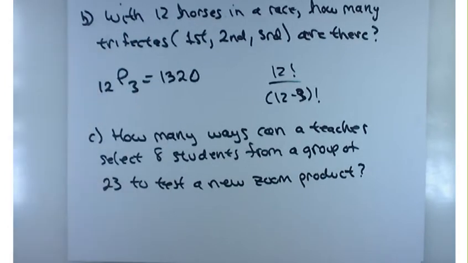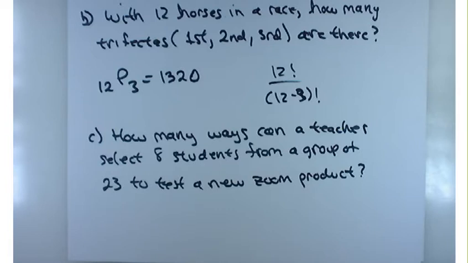So again, this comes down to trying to decide the difference between all our different rules for counting. Let's see if we can eliminate one of them right away. Are we going to use a factorial? Why not? Yeah, we're not using all of them.